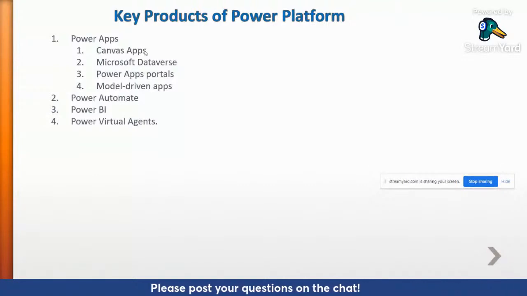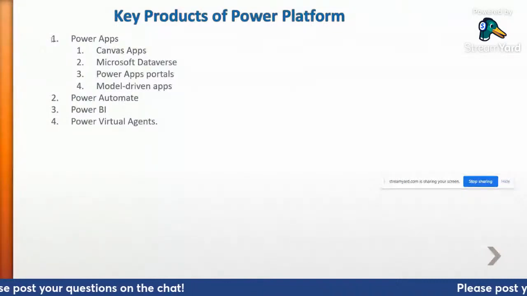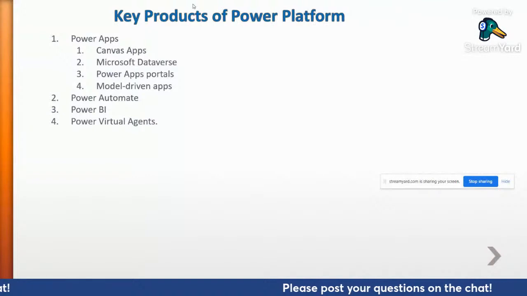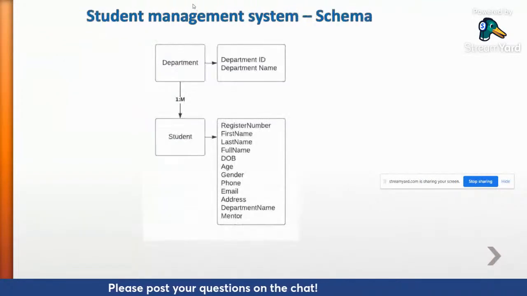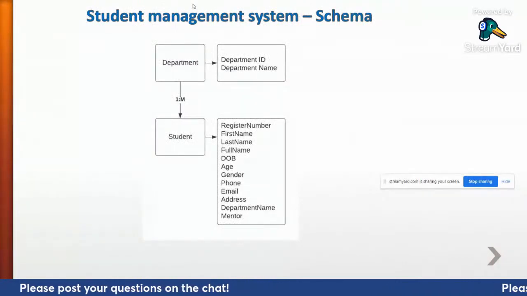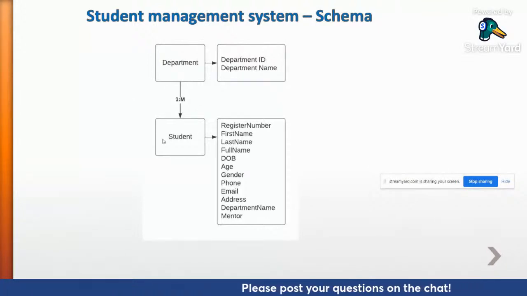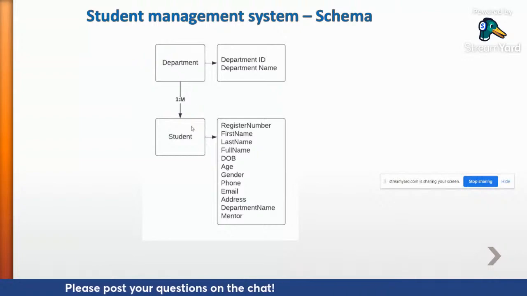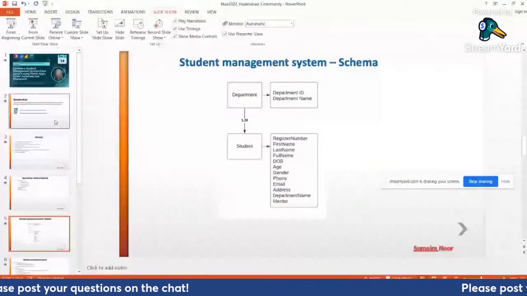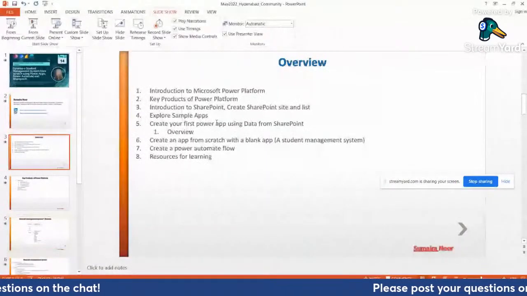We can simply drag and drop elements onto the canvas for a good interface, and Excel like expressions are created for specifying logic and working with data. So yeah, I have a very simple schema for this student management system, where we will be having the department and student list.